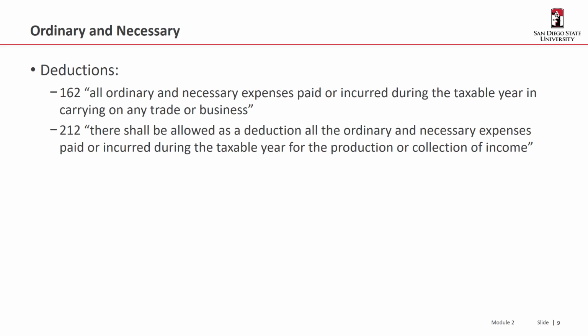Businesses are the opposite. 162 says all ordinary and necessary expenses paid or incurred during the taxable year in carrying on any trade or business can be deducted. Section 212 covers something known as production of income, and we'll get into that before we're done with this module. But at least for now, it says you can deduct any ordinary and necessary expenses incurred for the production of income as well.